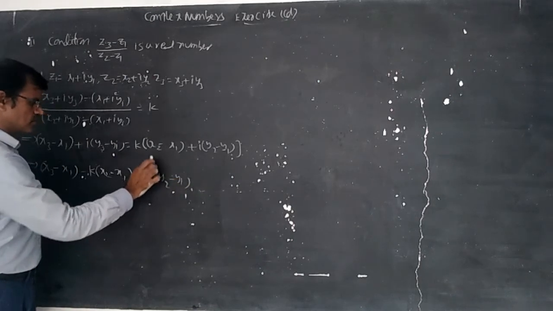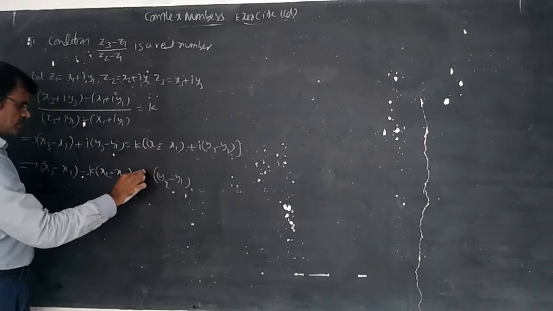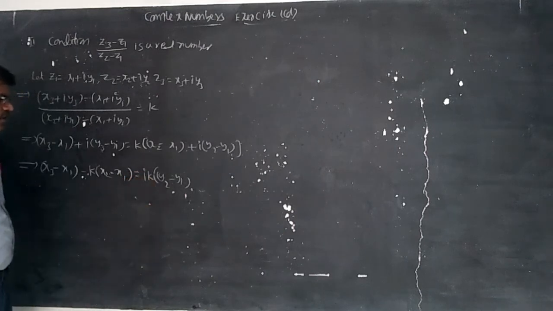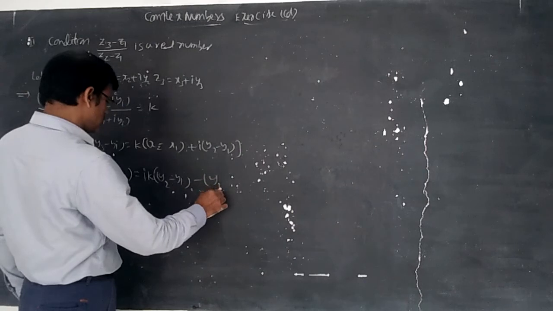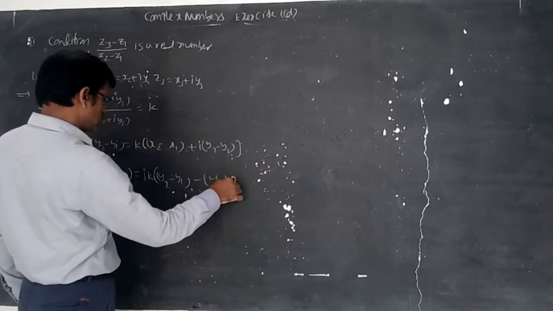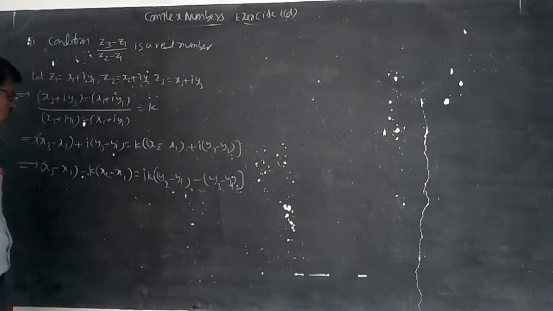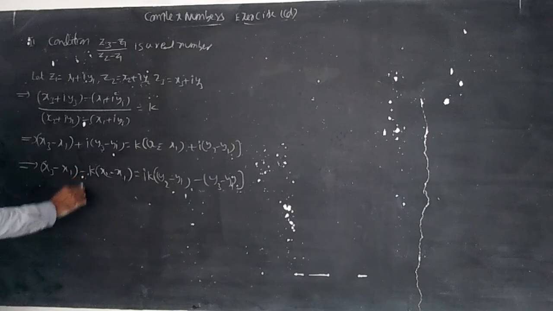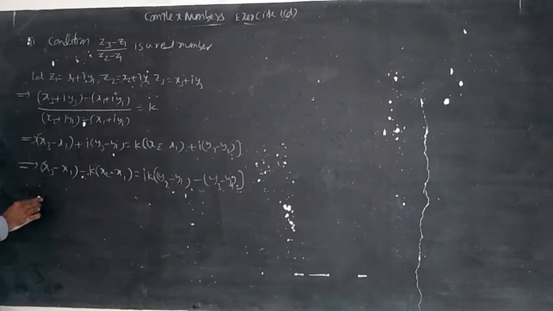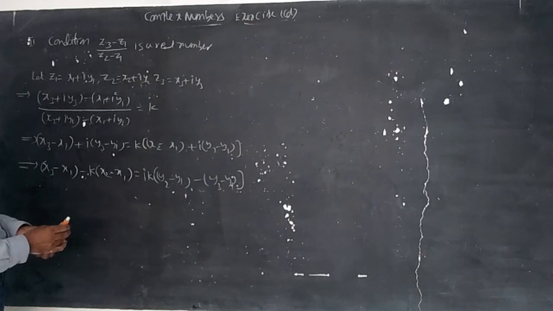We should consider the slope manner, y2 minus y1 by x2 minus x1, like that we need to calculate.